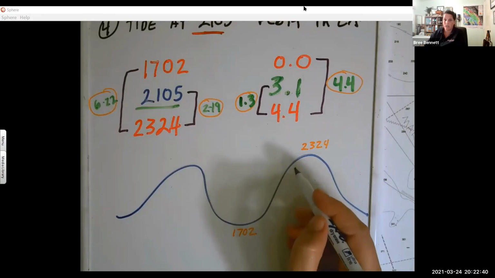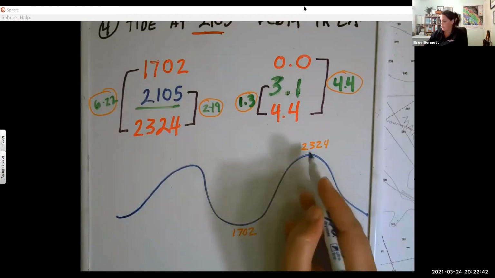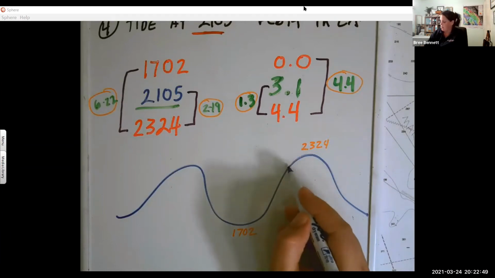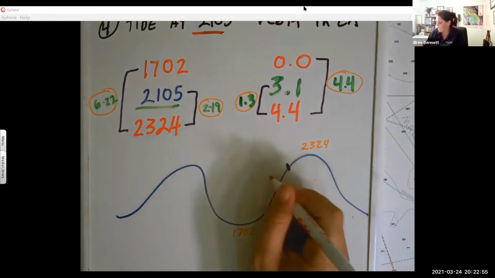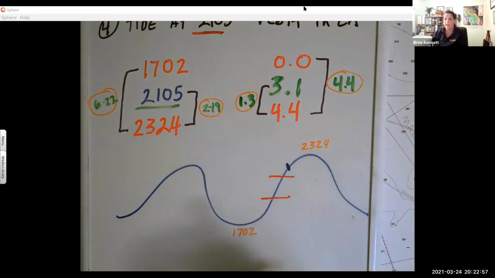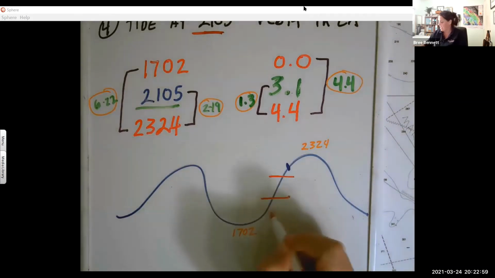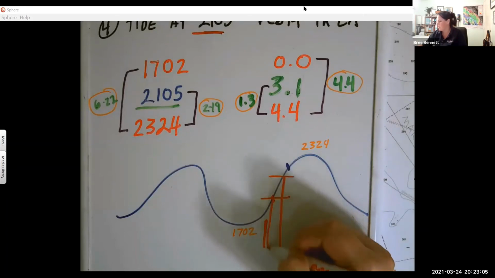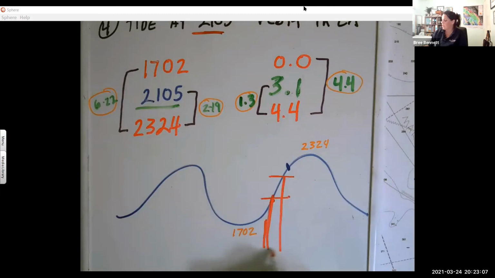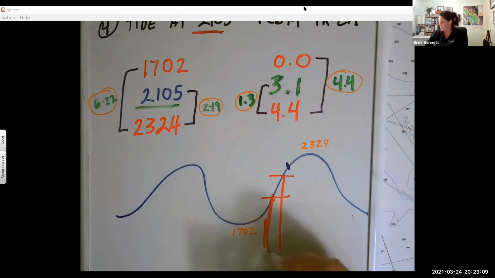It's going to be closer to my high tide. So maybe we'll pull it over here, where this period of time in the tide, from this period to this period of time, is where the rapid change happens.